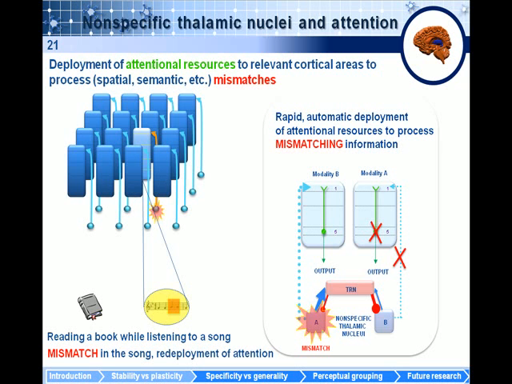So an area that experiences something wrong can rapidly drag attentional resources without knowing in advance where the mismatch or the potential wrong information is.